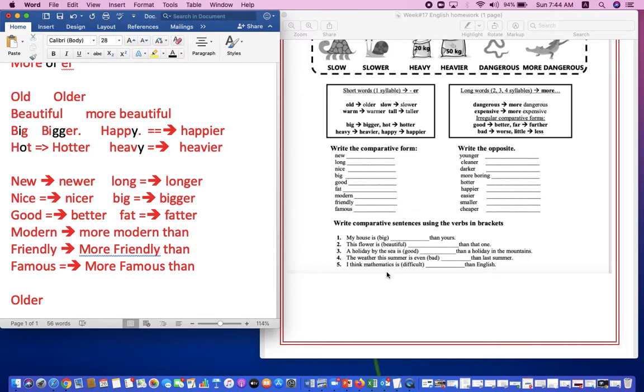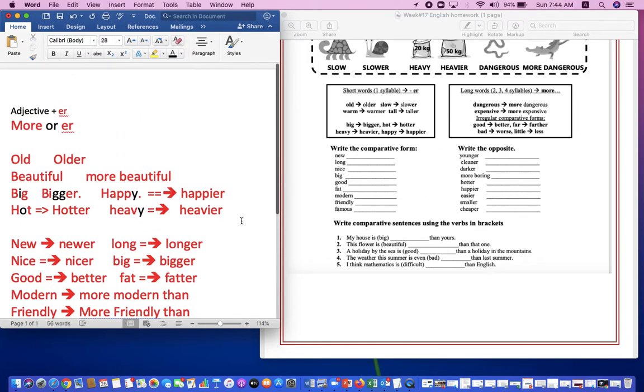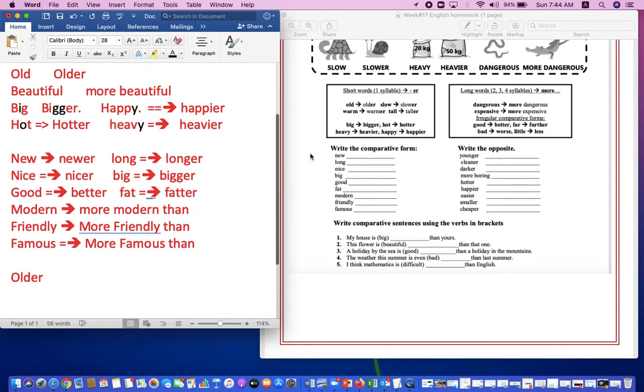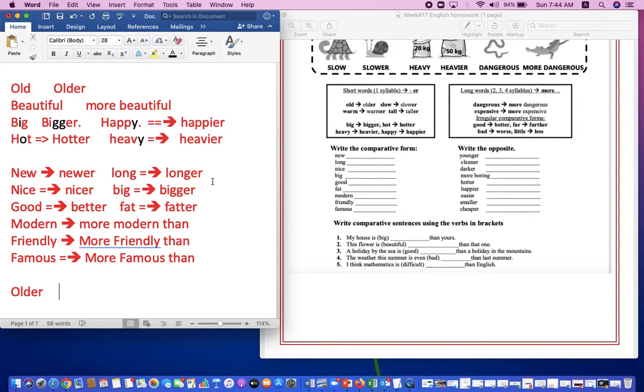Guys, for those who had a problem with answering these questions, I hope the homework is clear now, because I found a lot of mistakes in the homework. I found a lot of people who added -er and more for the same words. I found a lot of people who did not understand this part and they put more younger, more cleaner, more darker for the opposite.